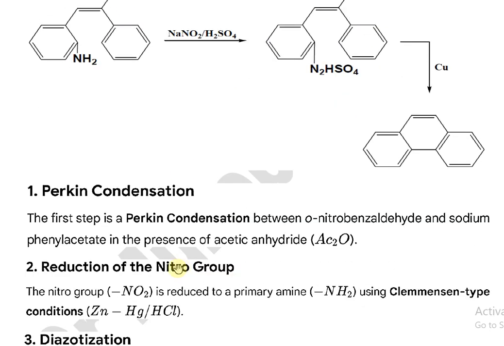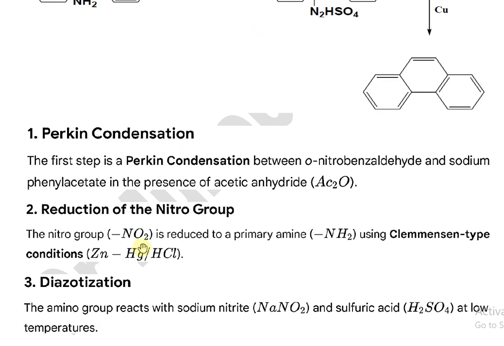The second one here is reduction of the nitro group, of course using Clemmensen-type conditions, zinc and HCl, because we used zinc and HCl acidic conditions.